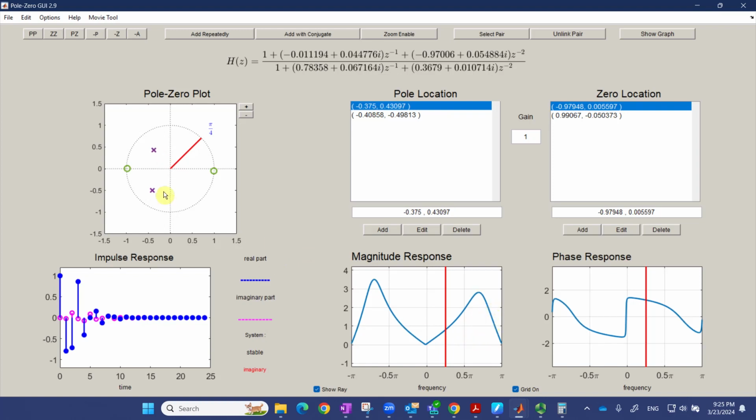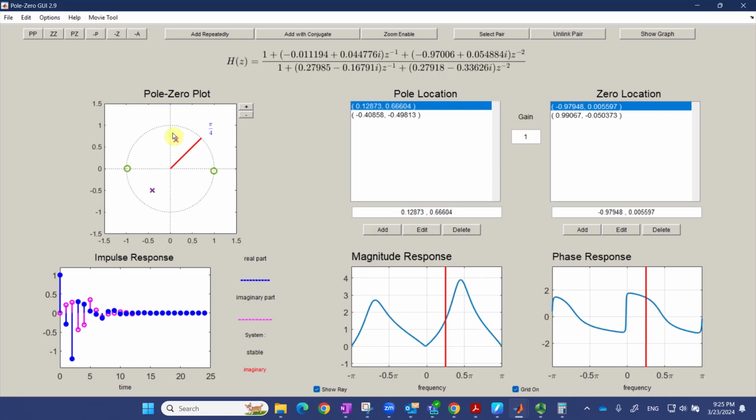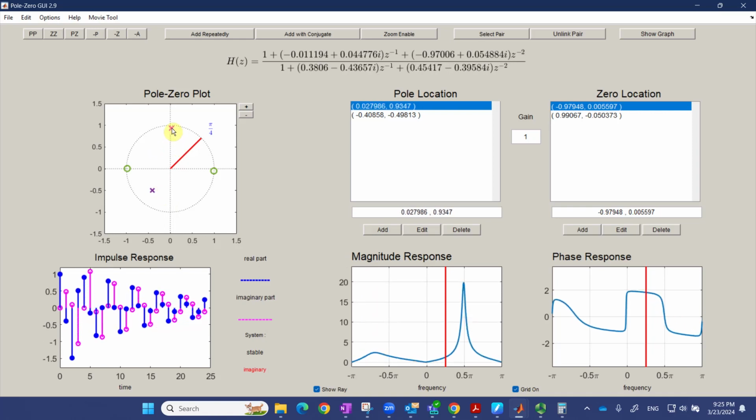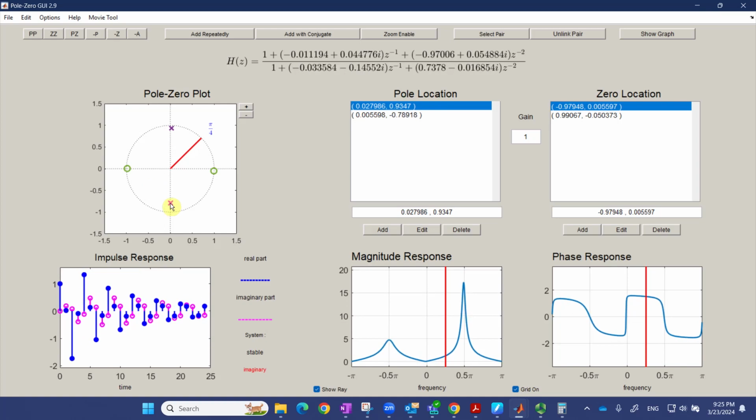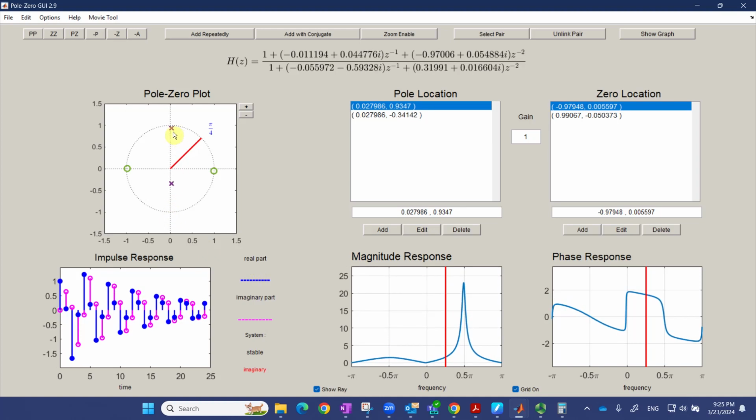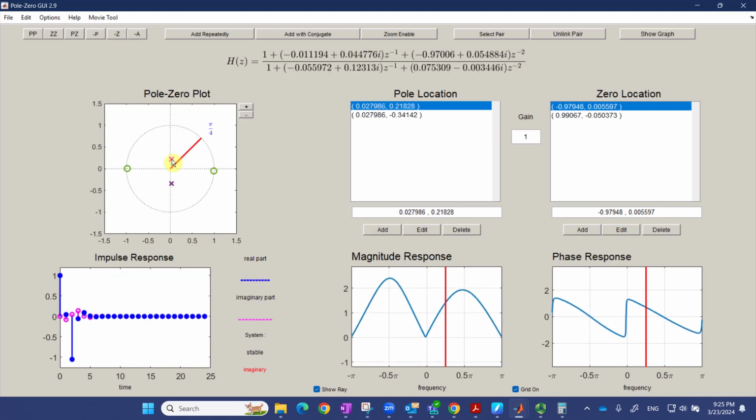That's the angle, and if you put this one far away from the origin, the r, the length of this vector, will affect the bandwidth. If you want a larger bandwidth, this one gives you larger bandwidth.